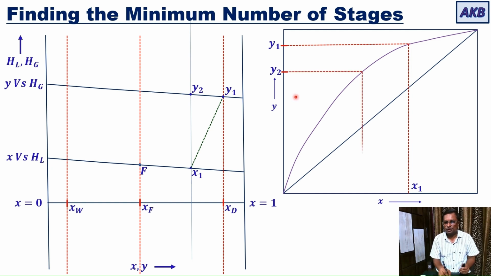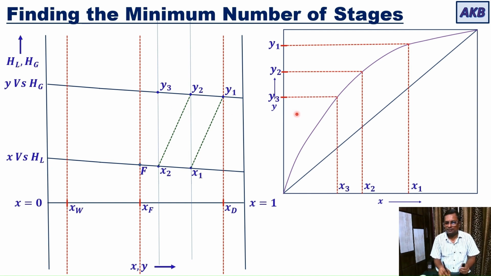Come back to the distribution diagram. Get the corresponding X2. Locate X2. Draw a vertical line through X2. Connect X2, Y2. Read this point Y3. Go to the distribution diagram. Find the corresponding X3. Come back to the enthalpy concentration diagram.